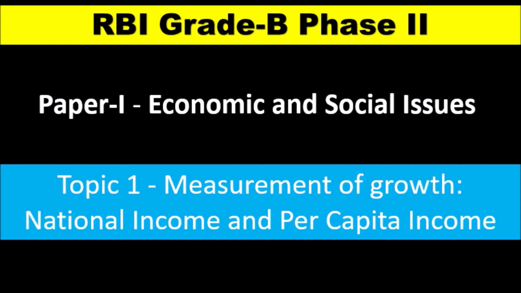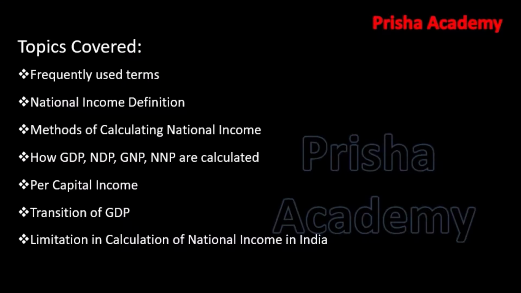In this topic we will discuss frequently used terms, since it is an objective type of exam, so you should be well versed with the frequently used terms pertaining to national income and per capita income.